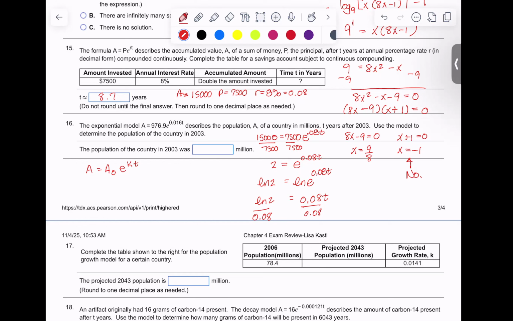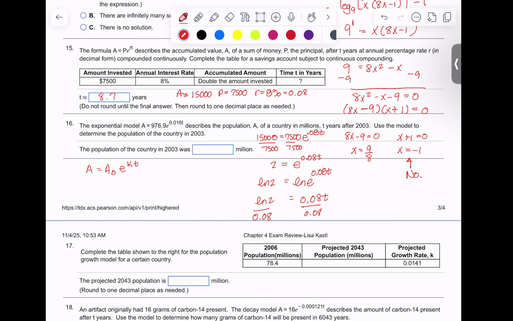A sub 0 is the amount you start with, and A is the amount you have after t years. So they give you an exponential growth model of 976.9 times e to the 0.016 t. That's the initial population times e to the growth constant times t.